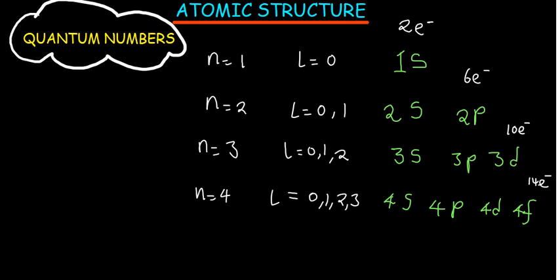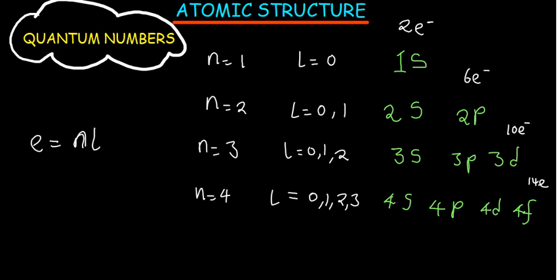Using this same knowledge, you need to know how an electron is represented. First you write the principal quantum number, which is the one in front.